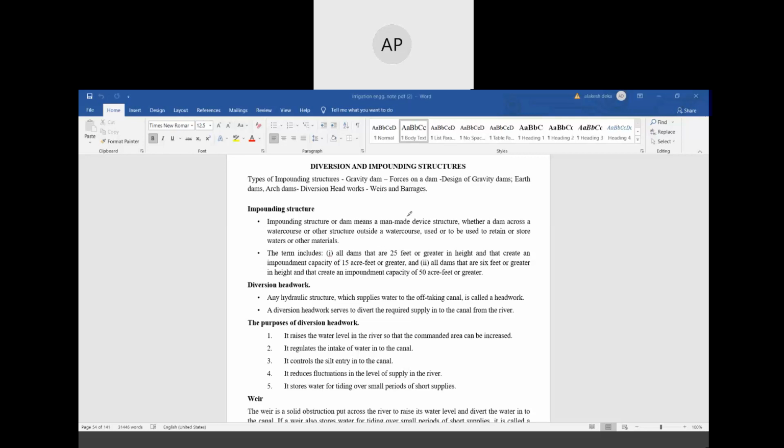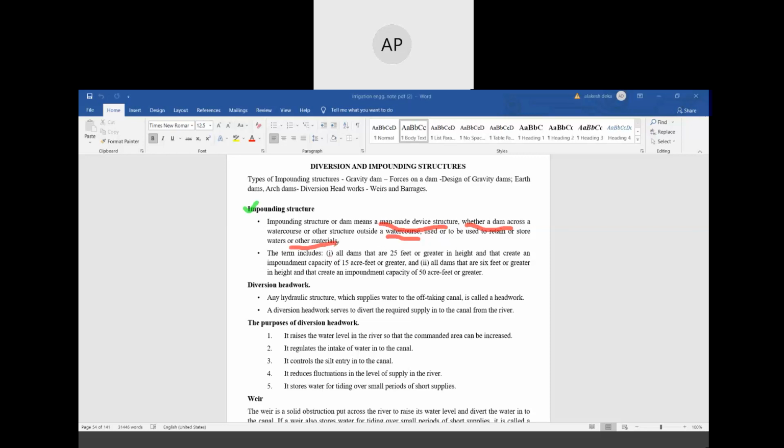An impounding structure or dam is a man-made device or structure, whether a dam across a water course or another structure outside a water course, used or to be used to retain or store water or other materials.